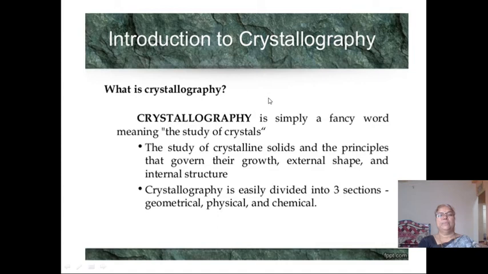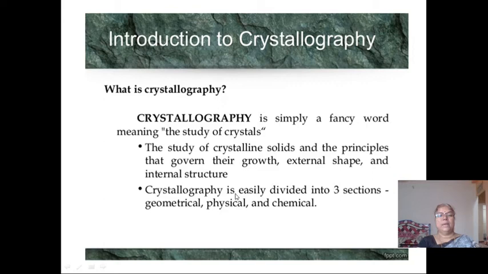Then the crystallography. This is the branch of chemistry and it deals with the study of crystals, the study of crystalline solids and the principles that govern their growth, external shape and internal structure. It is studied with the help of crystallography.